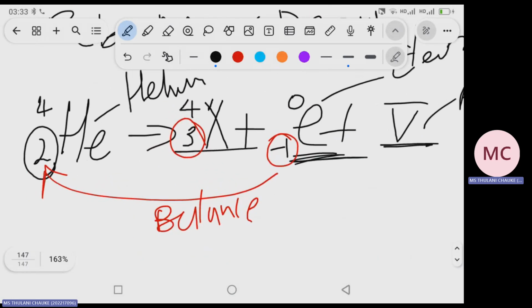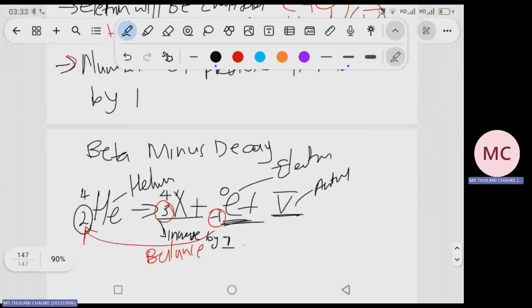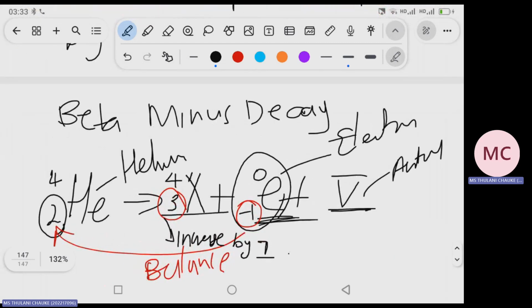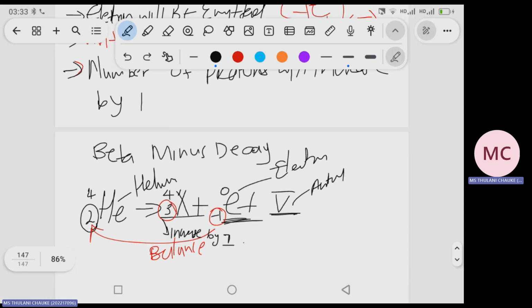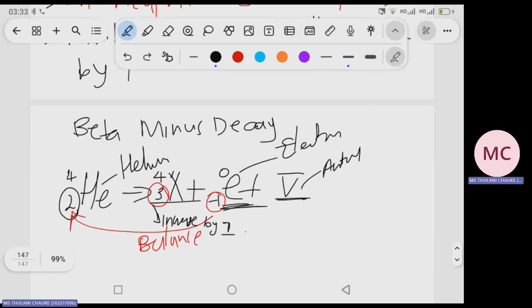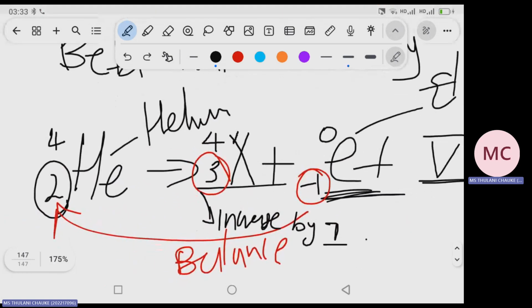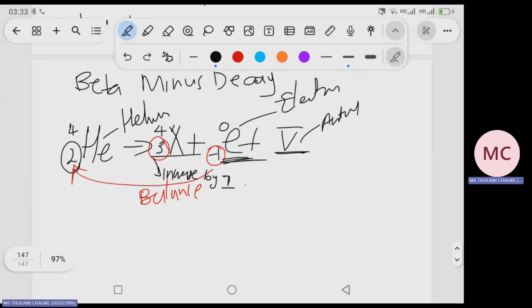And then here the number of neutrons has increased by 1. This increase is due to this electron because it was emitted. That's why now there is an increase in the number of neutrons. It means we're having more protons.